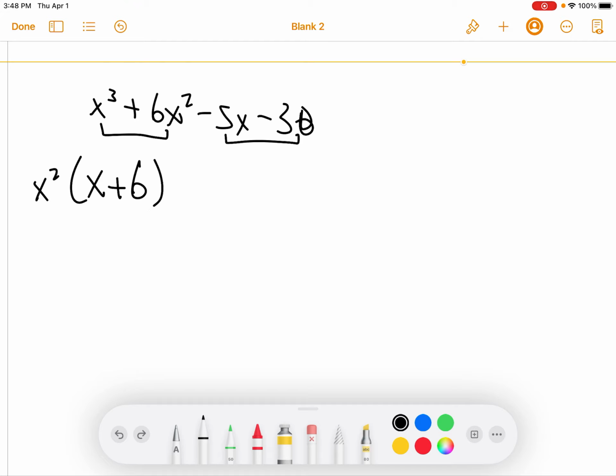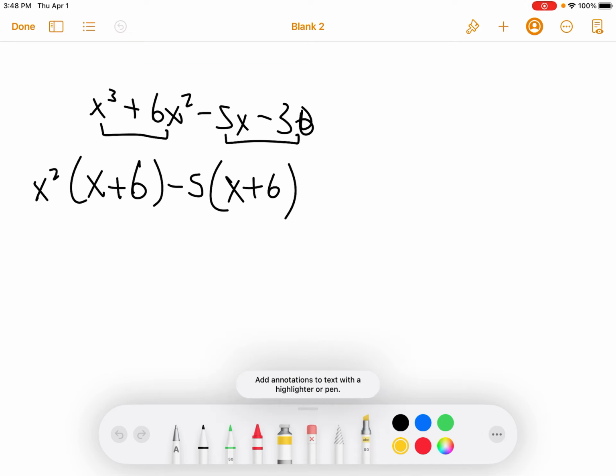Over here, you can't divide by x because there's no x on the 30, but you can divide by -5 on both. So -5, and you get x because nothing changed with x. And -30 divided by -5 is plus 6. Now, here's how you know if you did something right. You can see that these two things are the same.